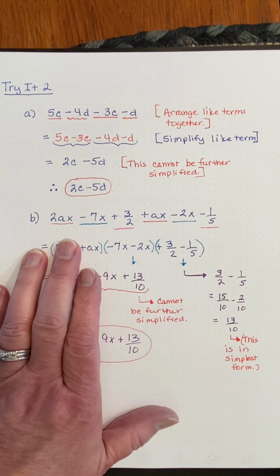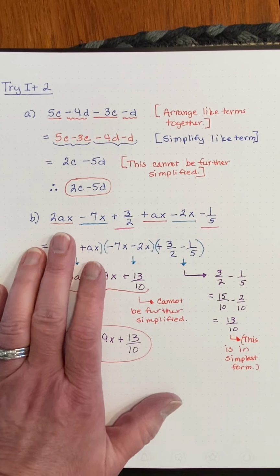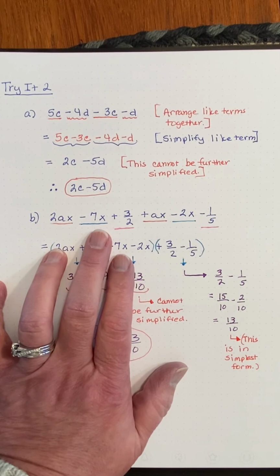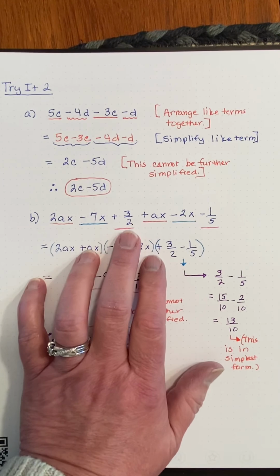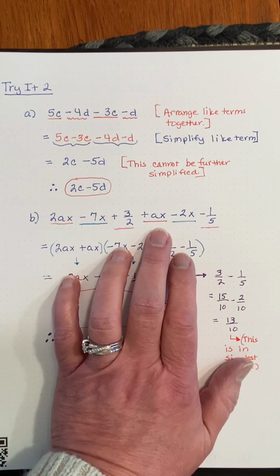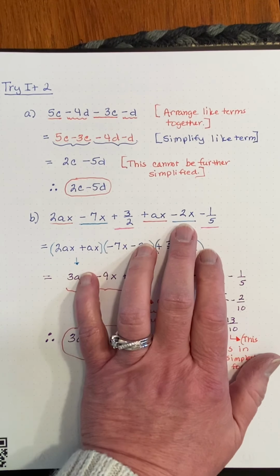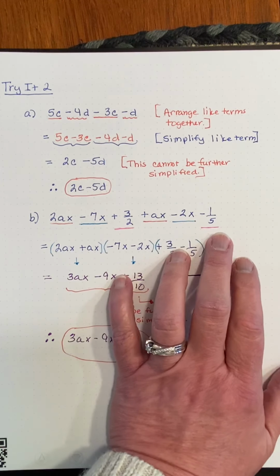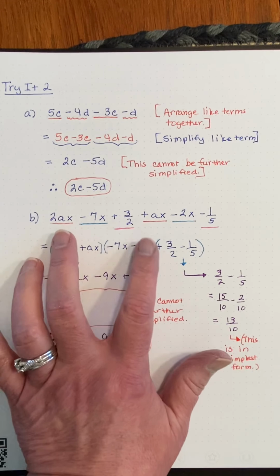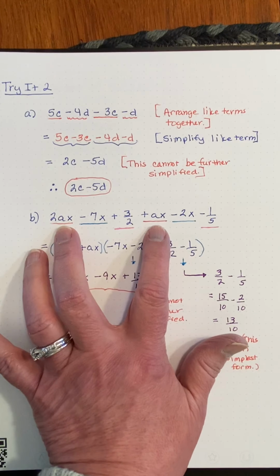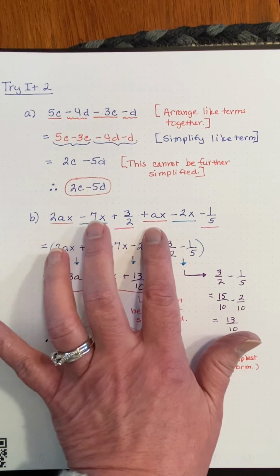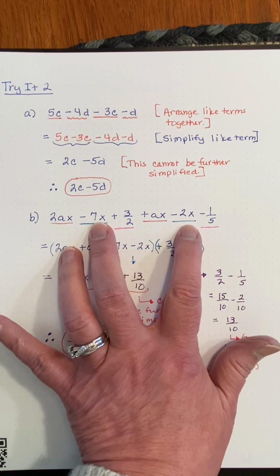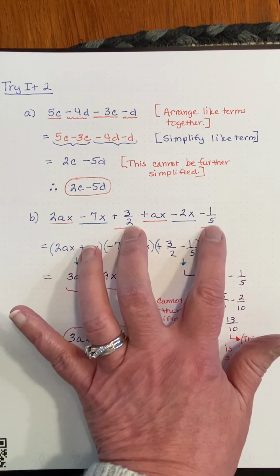Going on to example B, 2ax minus 7x plus 3 halves plus ax minus 2x minus 1/5. Now I have two terms with ax. I have two terms with variable x, and then I have two fractions.